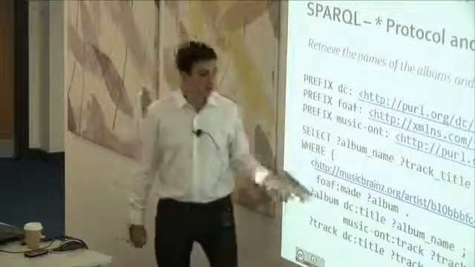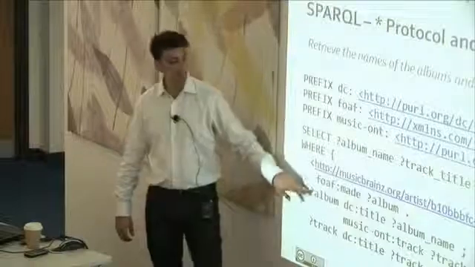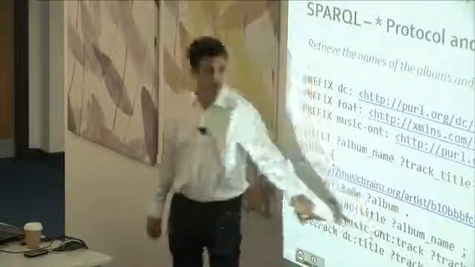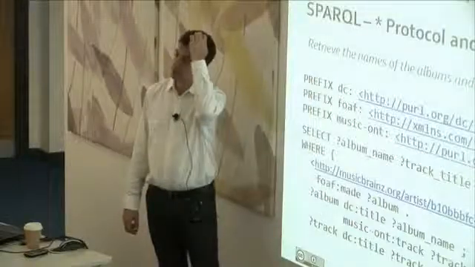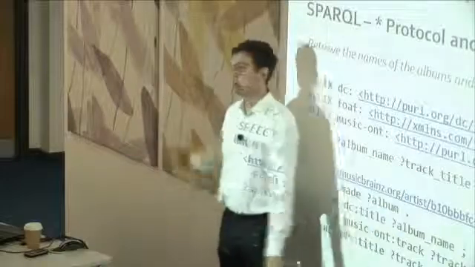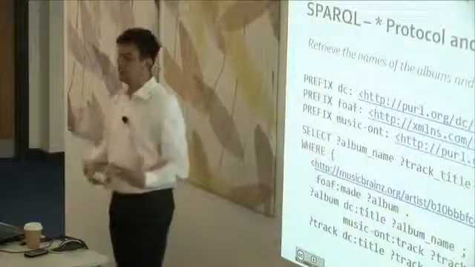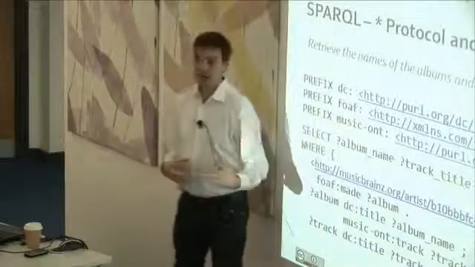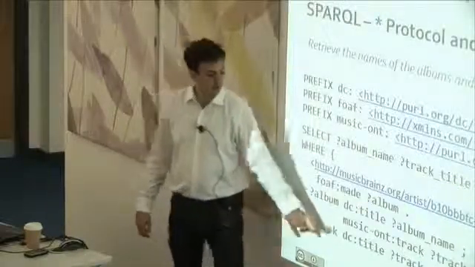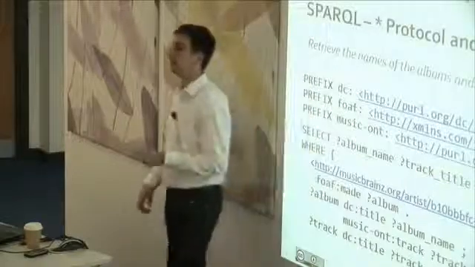Then after a semicolon, we say, this same thing that the Beatles made has to have tracks on it according to the music ontology. So the predicate is track, but we use a variable for the object. Again, you tell me. And then using a final triple after a full stop, we say that track also has to have a title.